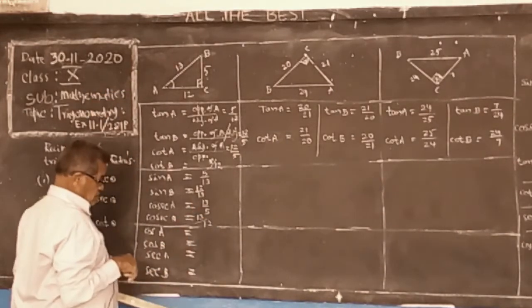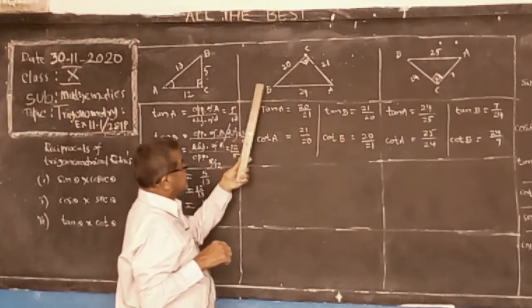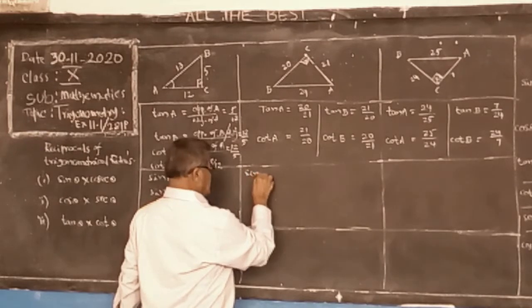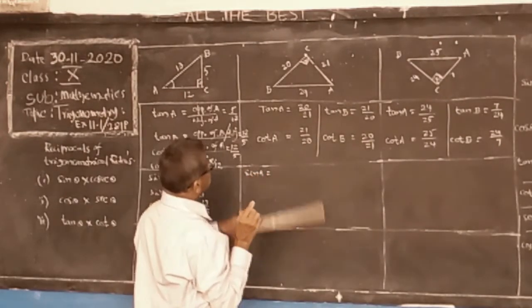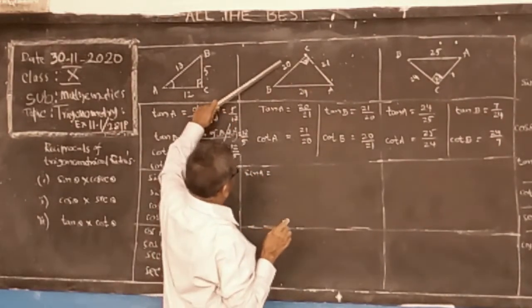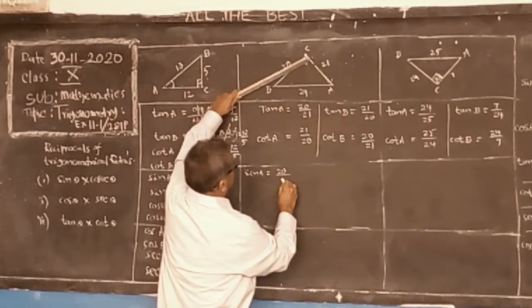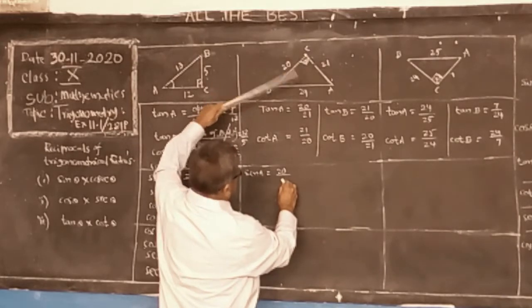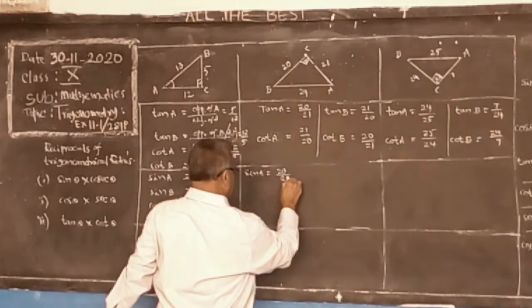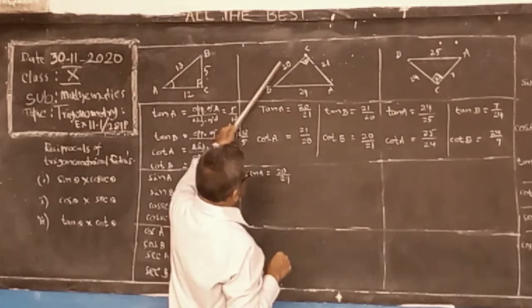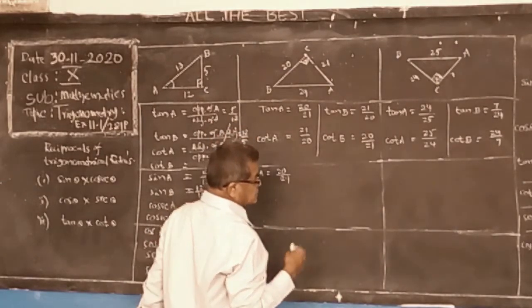Here in this figure, side A is here, opposite side becomes 20, hypotenuse is 29, opposite side of the 90 degrees is hypotenuse, 20 by 29. We have measurements changed, angle also changed.